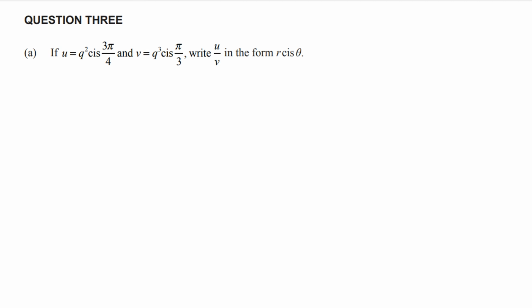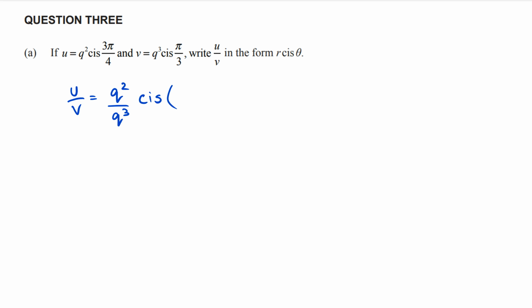Okay, so question 3, what we have is two complex numbers, and we want to write u divided by v in the form of r cis theta. Now, if you had just forgotten how this looks, u divided by v, that means we take the modulus and we divide them by each other, which means we're going to get q squared over q cubed, and we're going to put that as cis.